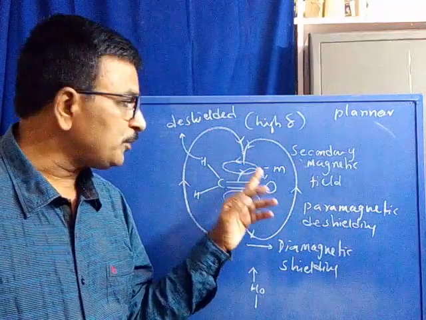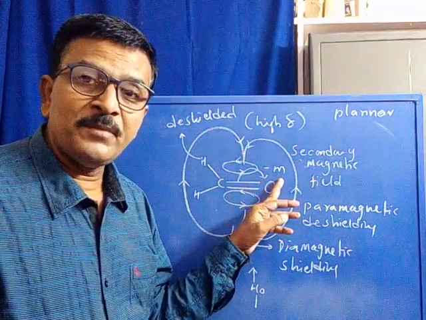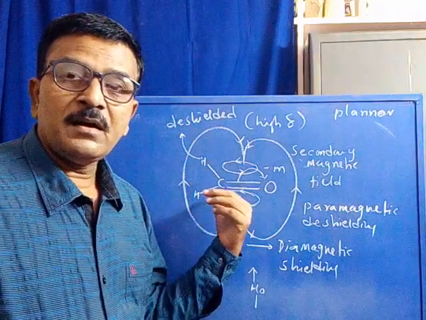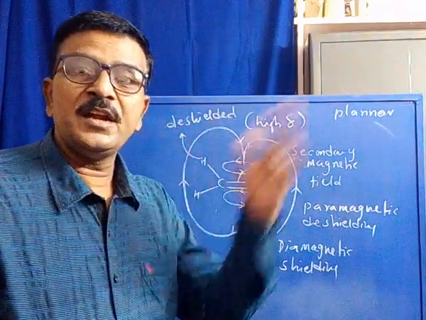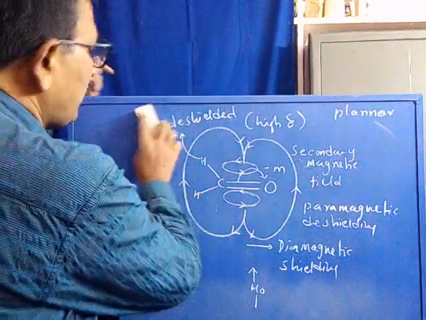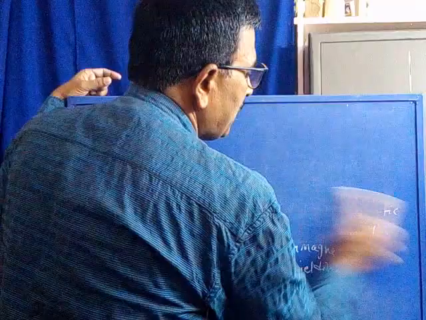Therefore, due to the minus M effect as well as the anisotropic effect, the aldehyde protons are much more de-shielded when compared with the alkene protons. Let us discuss a few more compounds for the anisotropic effect.